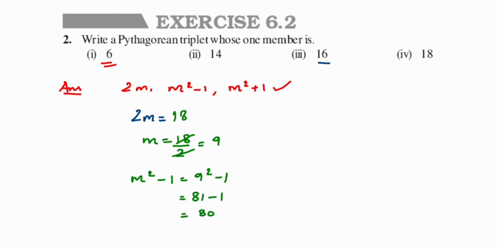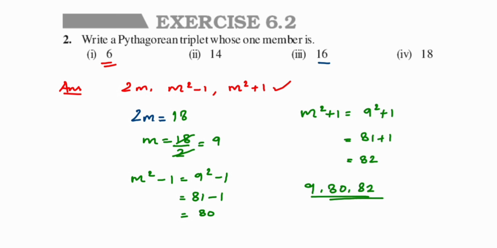Then m square plus 1 is 9 square plus 1, so 81 plus 1 gives me 82. Okay, so that's it. So 9, 80 and 82 are the Pythagorean triplets.